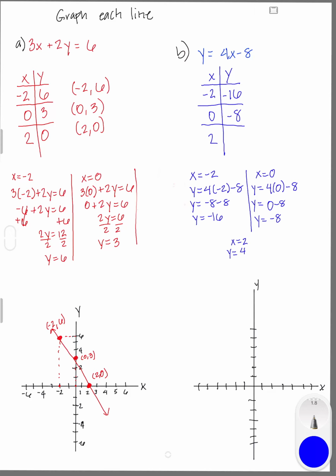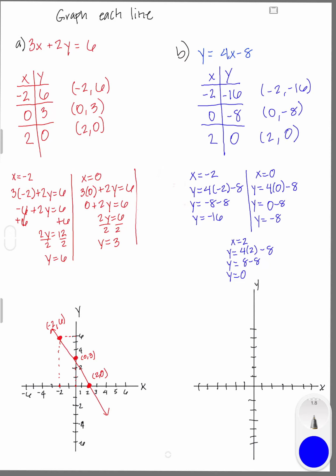So y equals 4 times 2, and then minus 8. So y equals 8 minus 8, which is 0. So we have the points -2, -16; 0, -8; and the point 2, 0.